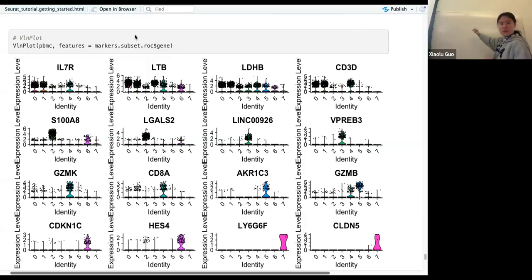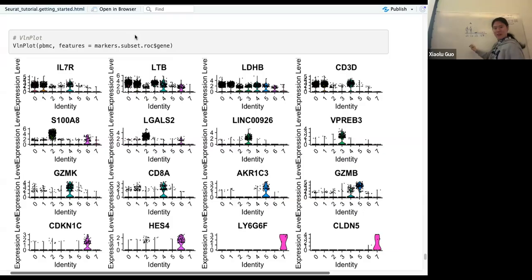So you can imagine this is the violin plot, with cluster 1, cluster 2, and cluster 3. Then you have a marker, gene A, that is highly expressed in some clusters, but 0 in others, and cluster 4 is also 0.